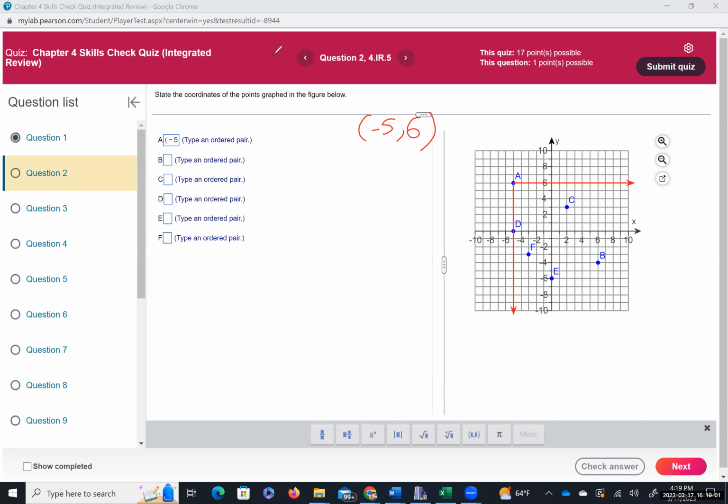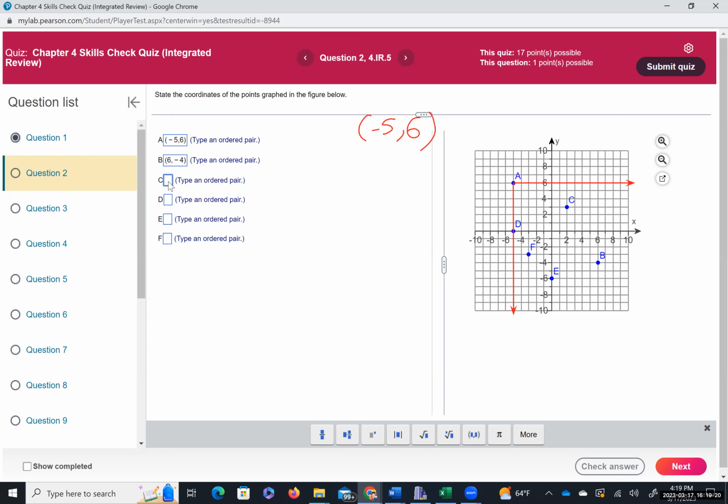Okay, so you're going to do the same to get the rest. Such as B is going to be (6, -4).